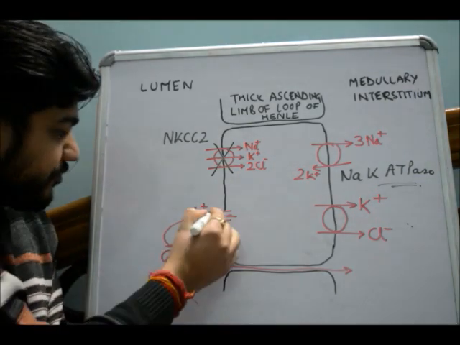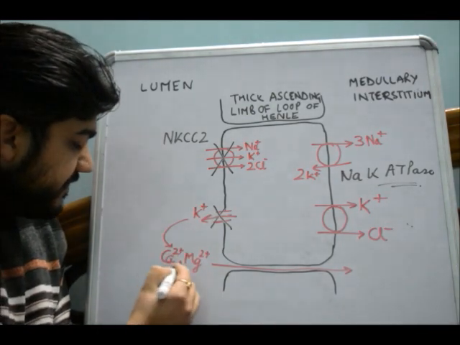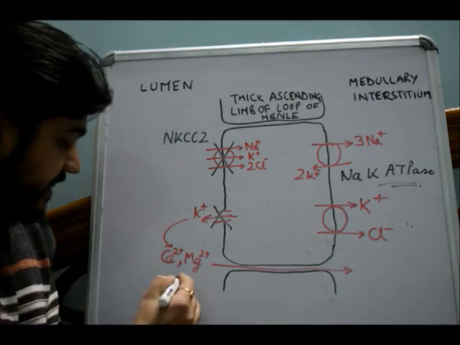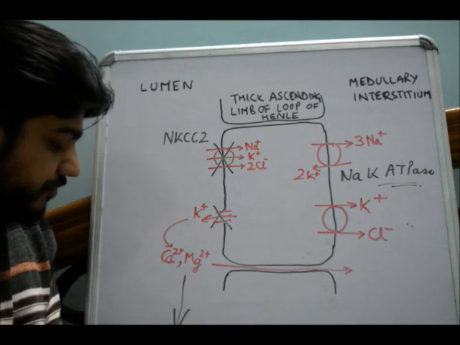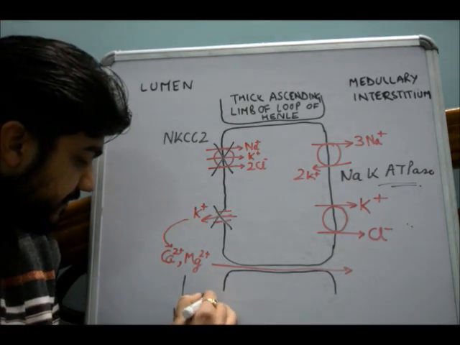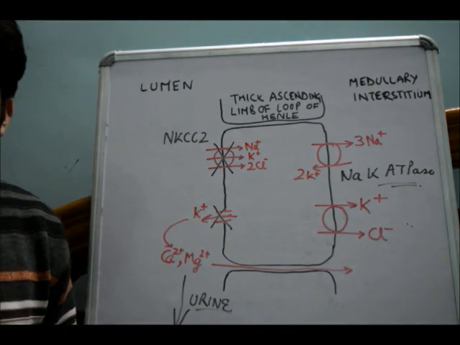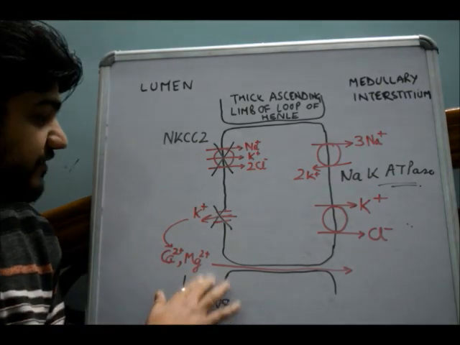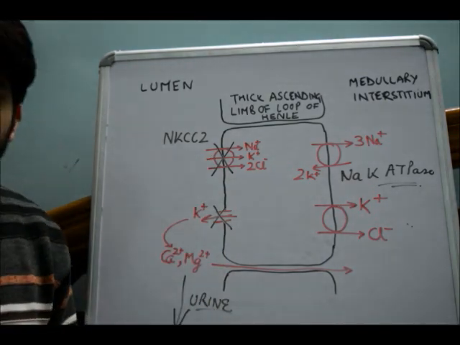So this process is also blocked, and when this process is blocked, obviously there will be no reabsorption of calcium and magnesium, and they will find a way into the urine. So that will lead to a net loss of calcium and a net loss of magnesium. So these are two important things which will happen whenever you are giving a loop diuretic.